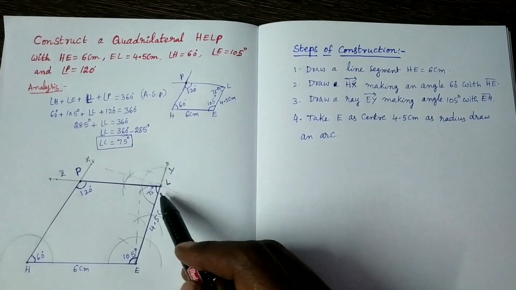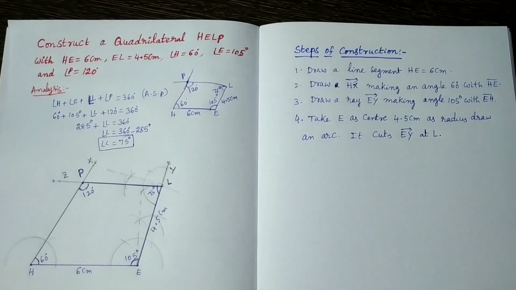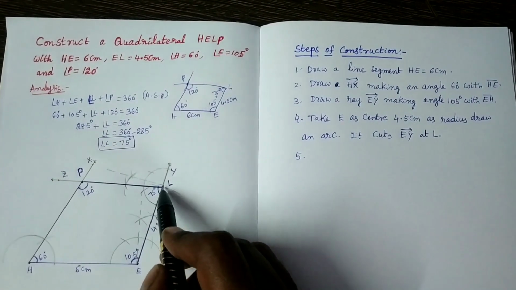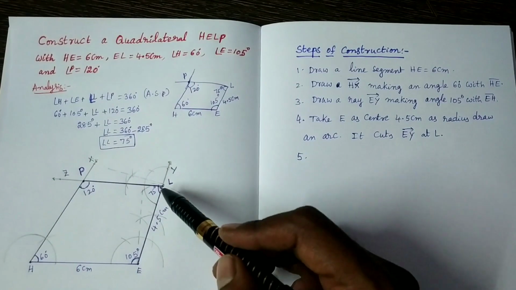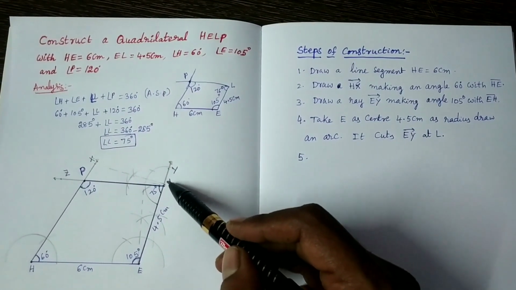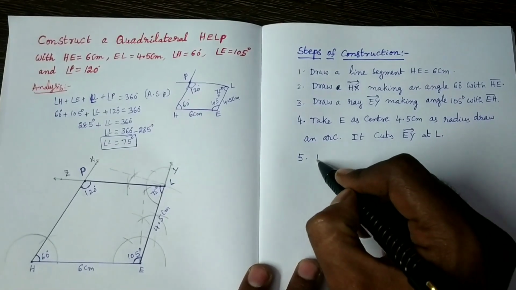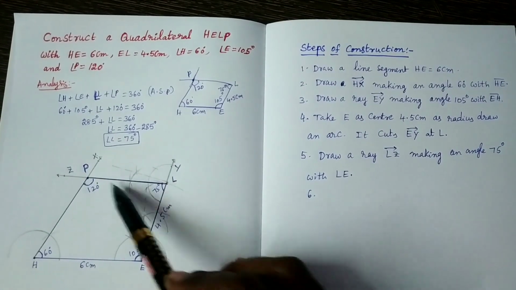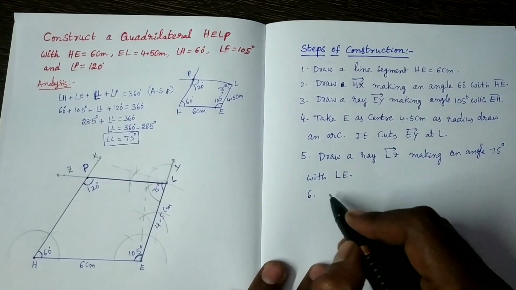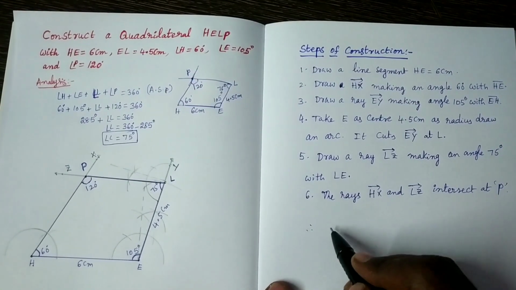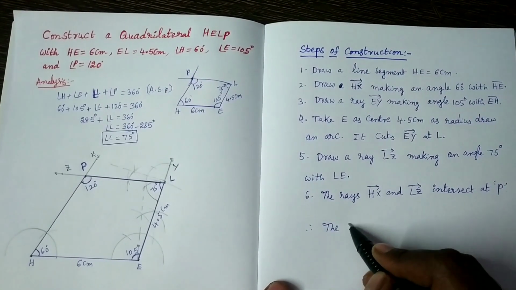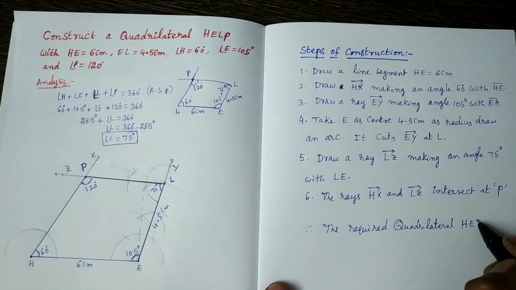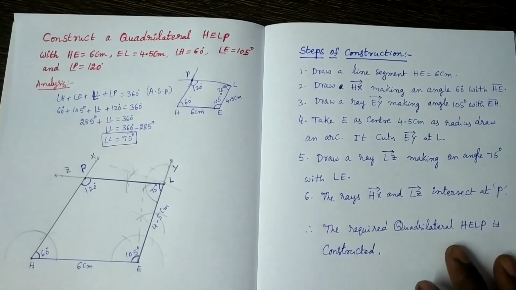It cuts EY at L. Fifth step, draw a ray LZ making an angle 75 degrees with LE. Next step, the rays HX and LZ intersect at P. Therefore, the required quadrilateral HELP is constructed. So the construction is over.